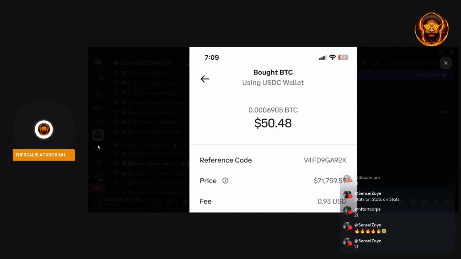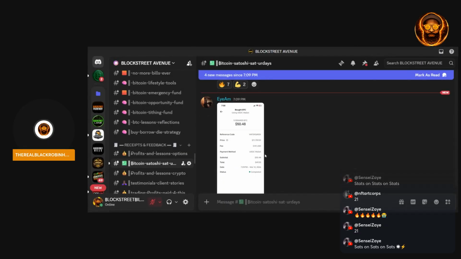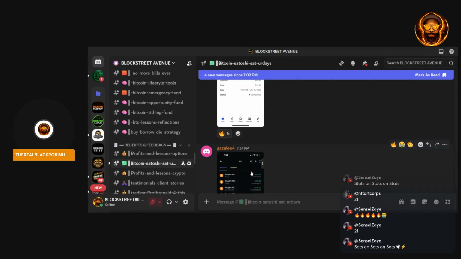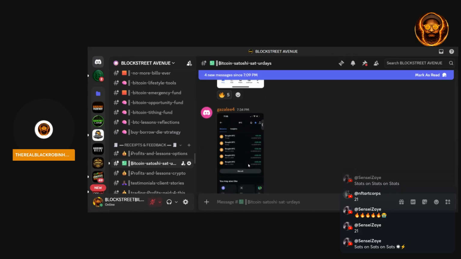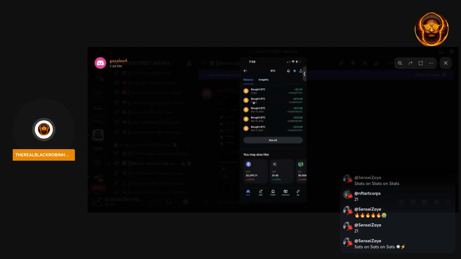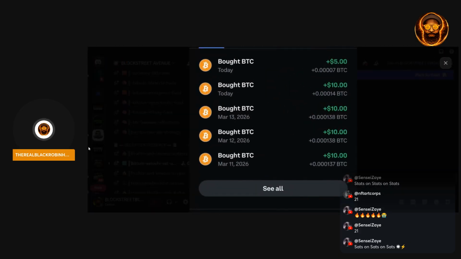You see that? So it's like savings. There's never a right or wrong time to save. Every day is a good time to put some money away. We just save in Bitcoin. So my man saved $5, $10, $10, $10, $10. This is $45. If Bitcoin 10x's, that is essentially buying $450 for $45.